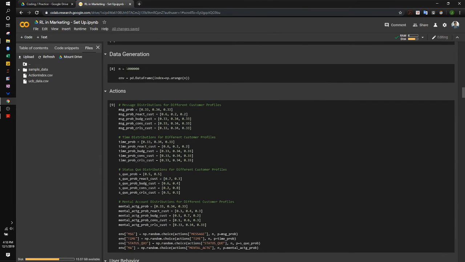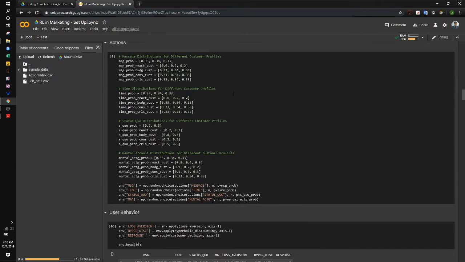Then we generate data. So we generate 1 million records, and we generate actions. And actions also have probability distributions here, but when we're coding it in the data frame called env, for environment, we can specify the probability distribution depending on the customer profile. So this is the general model, this is the reactive customer, this is the budget cautious customer, for example.